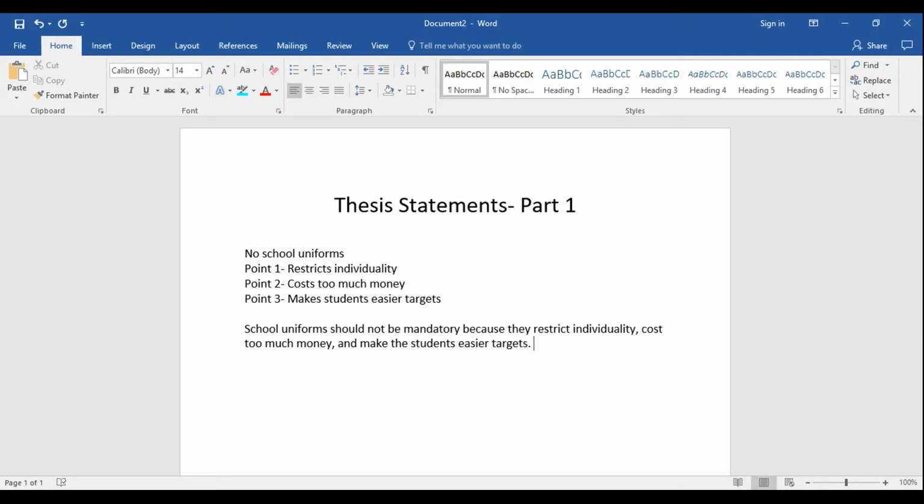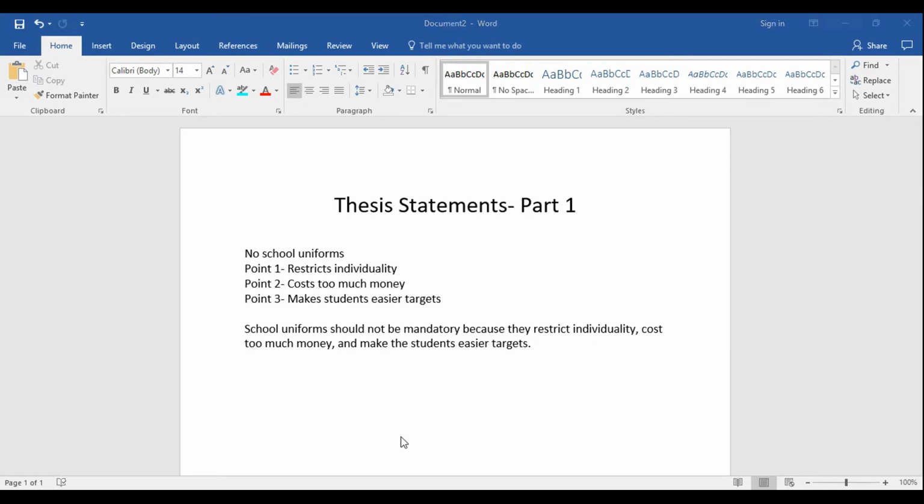So here you can see we took those 3 points, we made it into one sentence. This is now your thesis statement. And it's a very basic one that lists what each paragraph will talk about in the order that they are going to go in. But it's a good start.